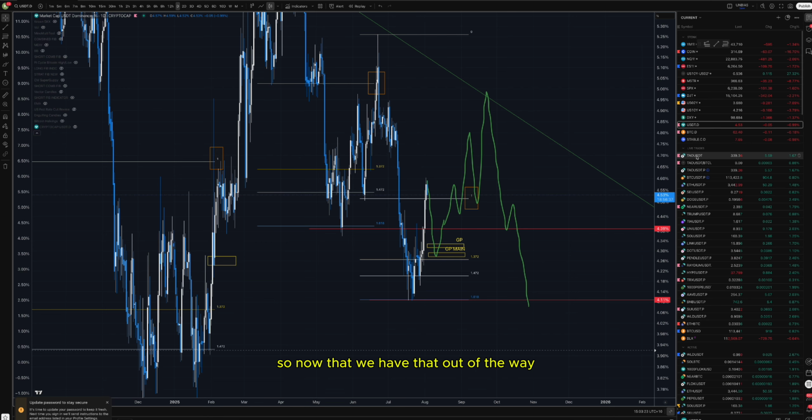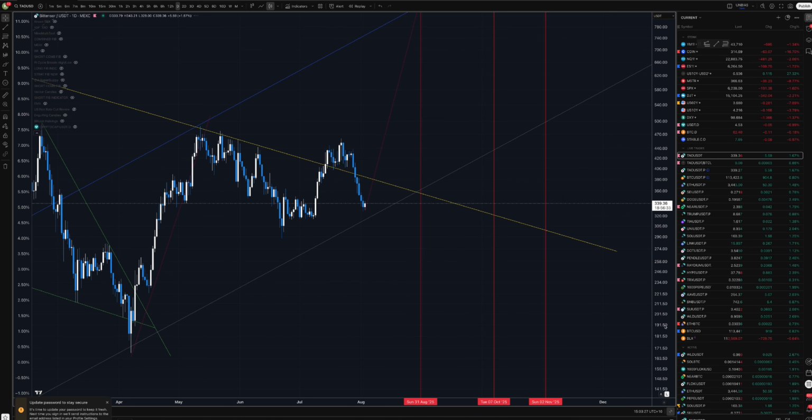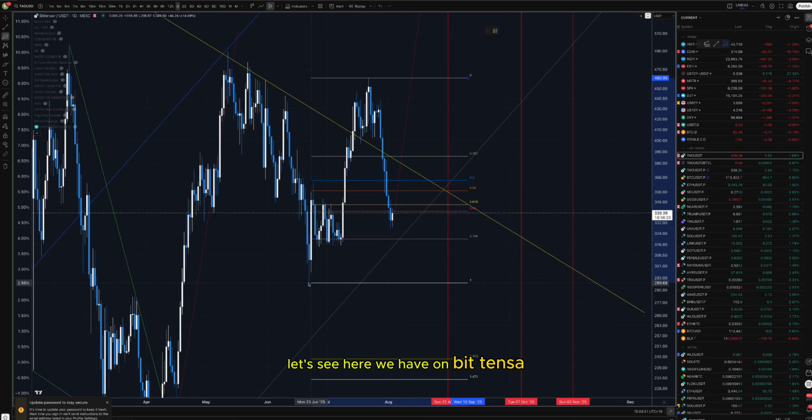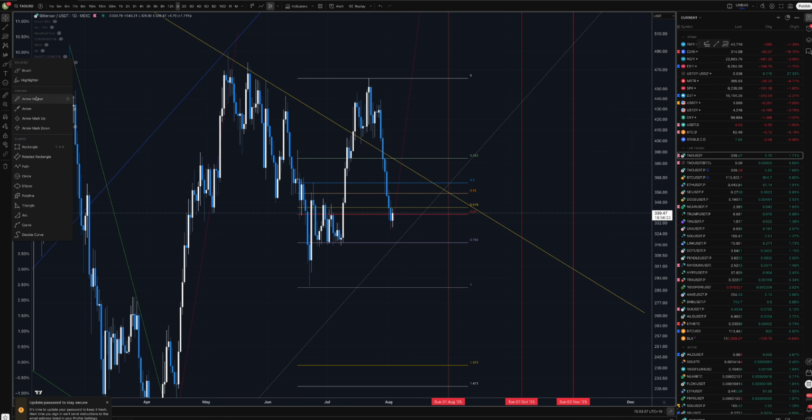So now that we have that out of the way, let's have a look at the charts, because that is what people are interested in. Let's see here. We have on BitTensor a push right below the golden pocket.